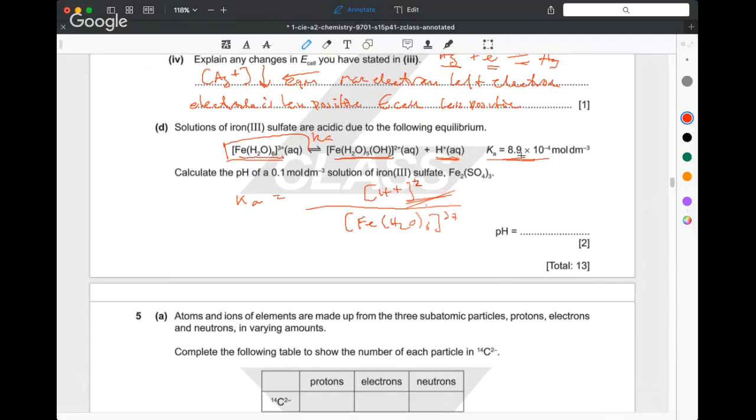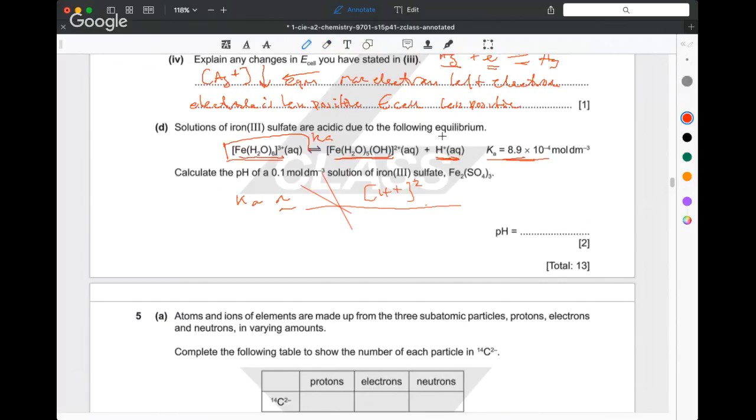Now, remember that the acid dissociation constant is very, very small, so only a tiny amount of this product is formed. Most of it is still in the reactant. And so you can say that this reactant concentration has hardly changed. So it's an approximation to say that this concentration is hardly changed at all at the point of the equilibrium.